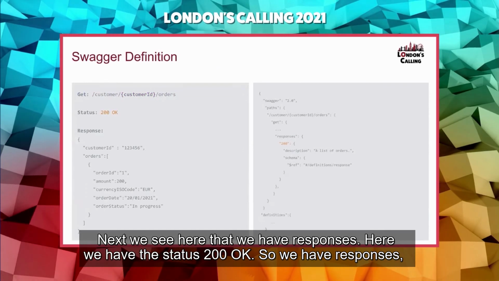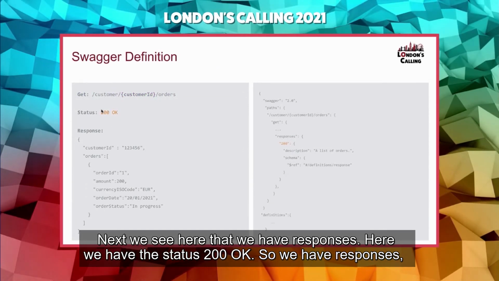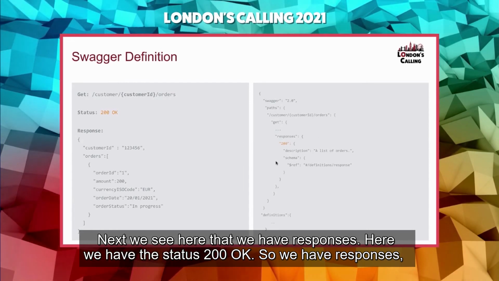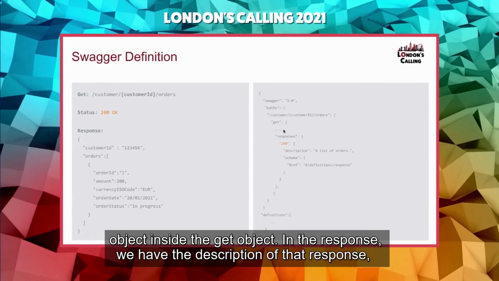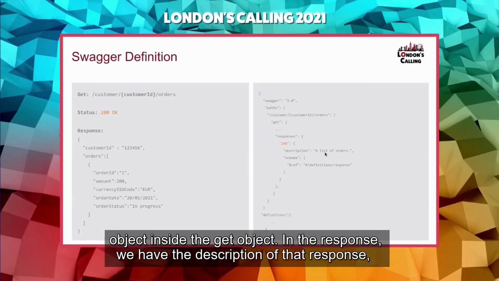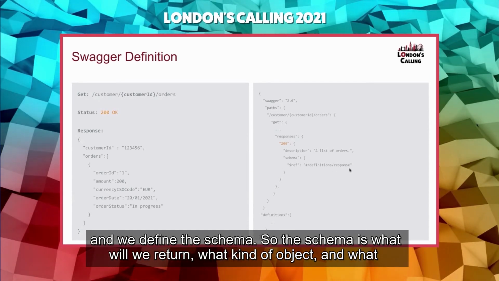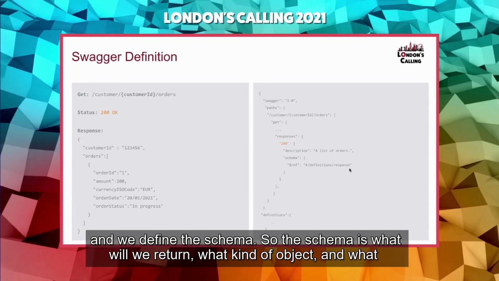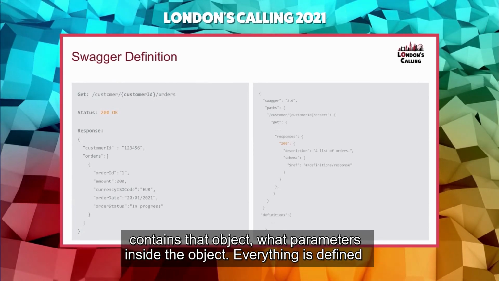Next, we see that we have responses. Here we have the status 200. We have the responses object inside the get object. In the response, we have the description of that response, and we define the schema. The schema is what we will return: what kind of object, what that object contains, what parameters are inside that object.